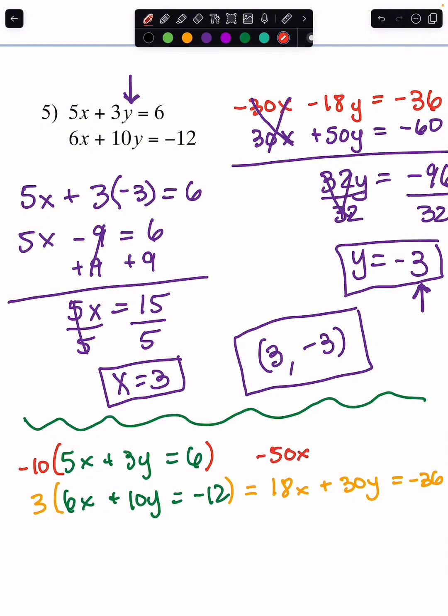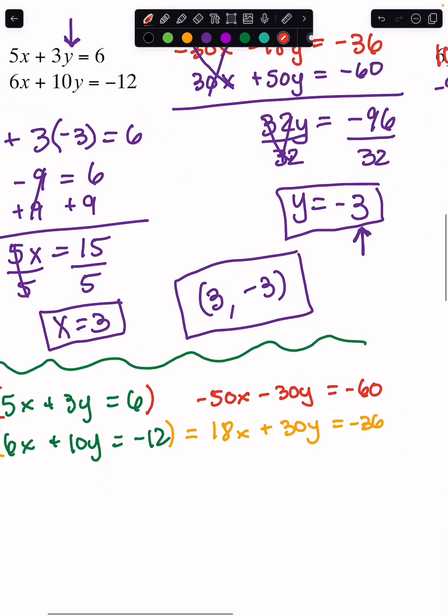And then -10 times 6 is -60. Add straight down, those cancel out. -50 plus 18 is -32. And then -60 plus -36 is -96.